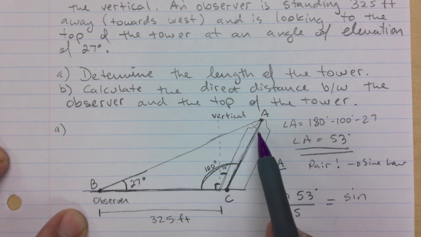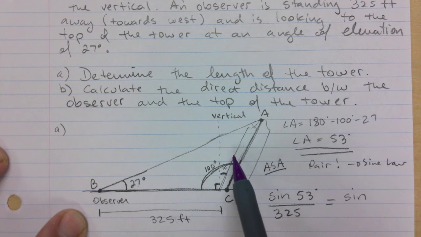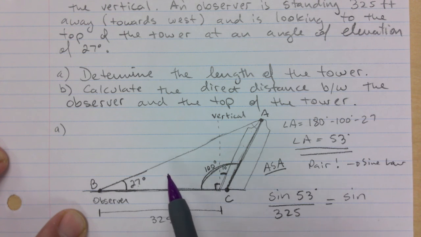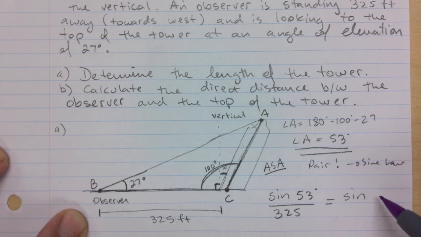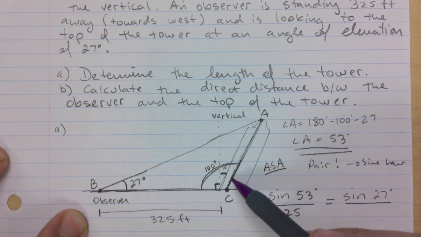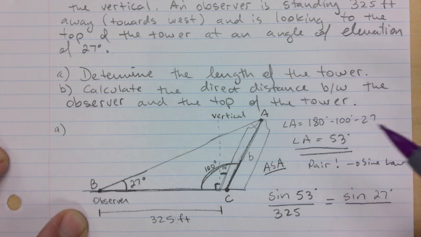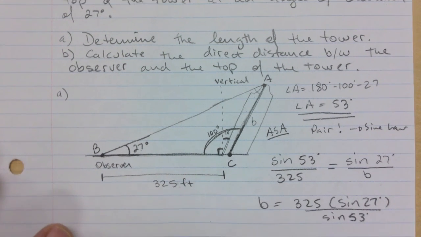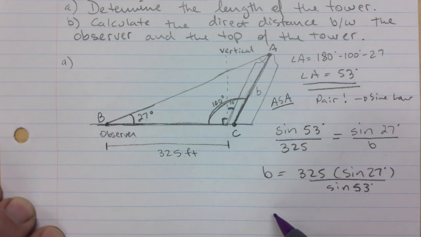We want the length of the tower, so we have to take the angle that's across that side. So this is sine of 27 over, what are we going to call this? Lowercase b. So b is going to be 325 times sine of 27 divided by sine of 53.